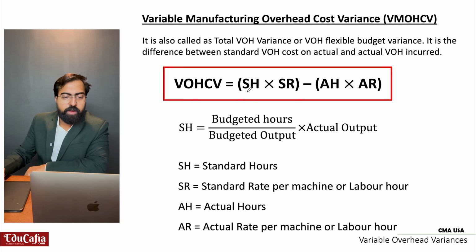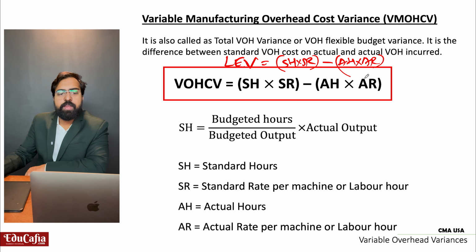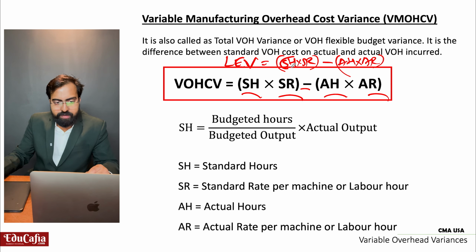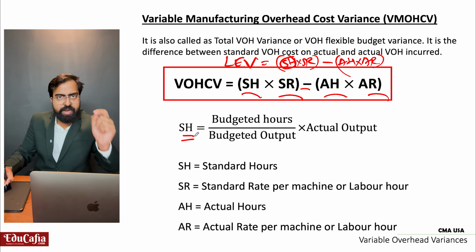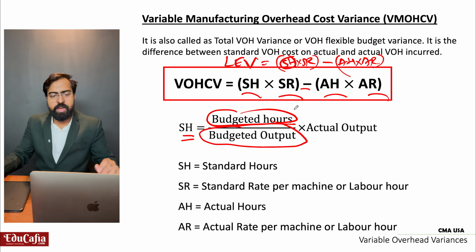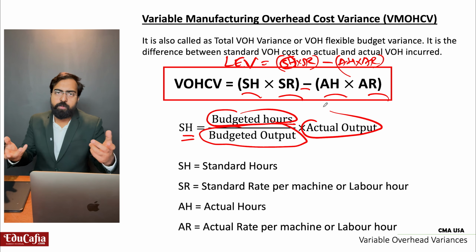Here you know what we studied in the LCV, labor cost variances: SH into SR, the standard rate, minus AH into AR, actual rate, right? Here also SH into SR minus AH into AR, but we know SH, the standard hour, is nothing but budgeted hour by budgeted output, then we get per unit, which is multiplied with the actual output.